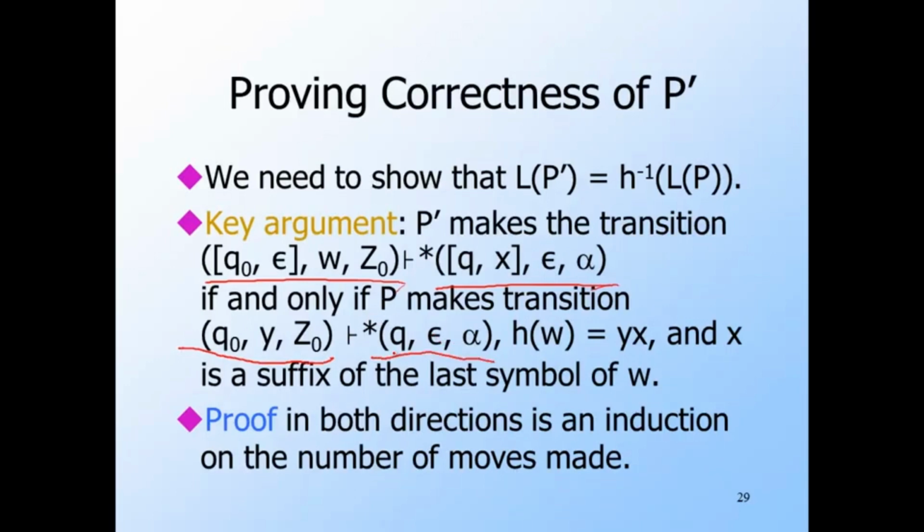And second, H of W is Y, that's what P consumed, followed by X, which is the thing that P prime still has left in its buffer. Once we have that, we can restrict it to this case where X is empty and Q is a final state. It then says that P prime accepts W if and only if P accepts H of W. That is, the language of P prime is H inverse of the language of P.